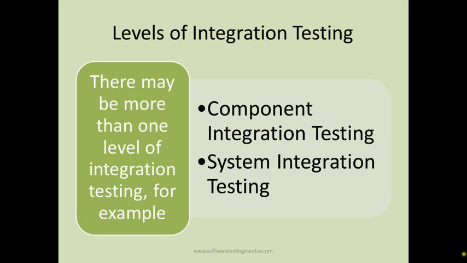Component integration testing is more of when developers integrate smaller units into one and test the integrated component as one, and system integration testing is more of when testers test how the software is integrated with other entities like the OS or file system.